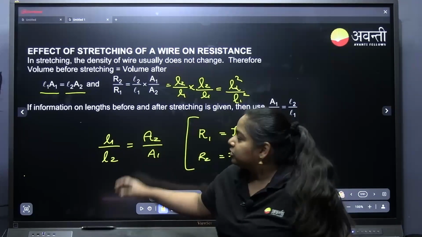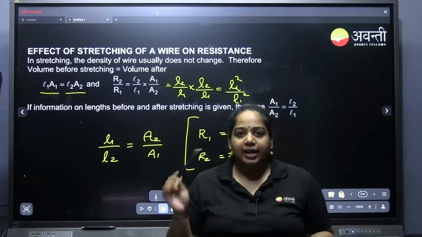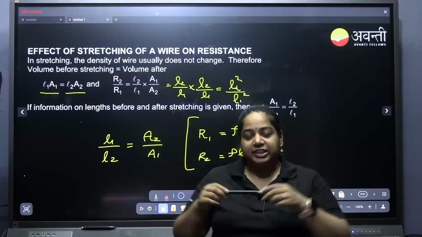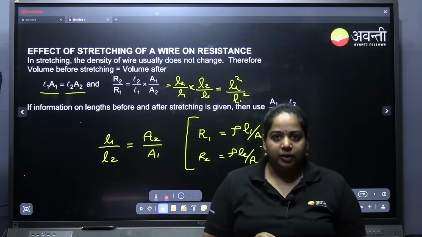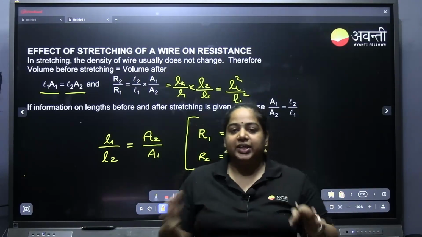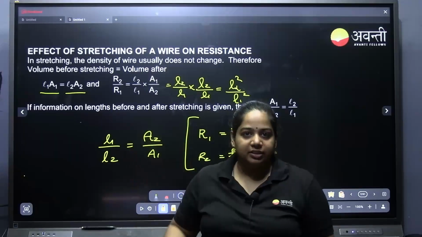English, okay. So you have seen questions where initially a wire has length L, then we stretch the wire to length 2L. What is the new resistance? So if only the length change is given, you know nothing about area, still you can find the change in resistance.